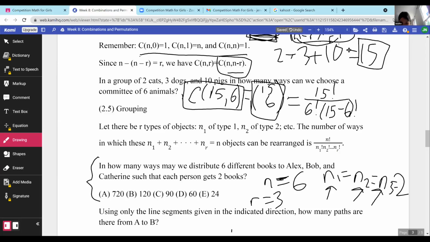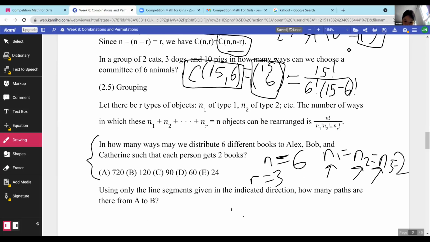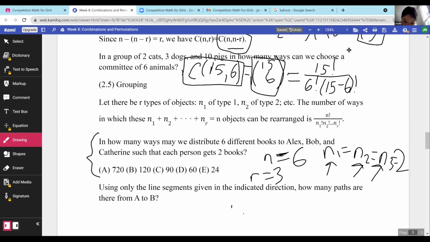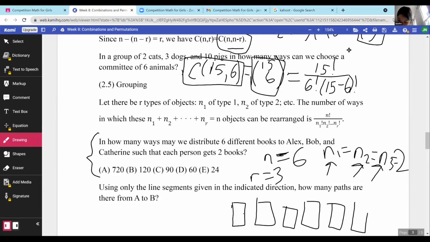Oh. Because, okay, if we think of it like this, N is 6, which is the number of different books. Although all these books are different, we could group them by type. For example, let's say N1 is the 2 books that go to Alex and they're the same type. Then N2 is the books that go to Bob, and N3 the books that go to Catherine.